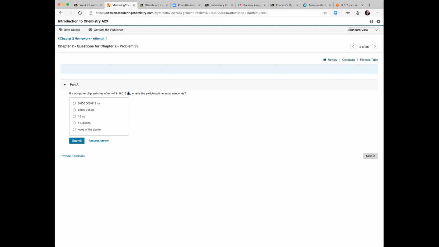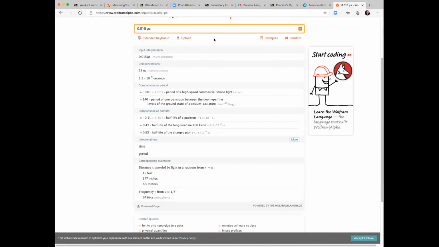There's no conversion factor unless you trust King Henry to go straight from microseconds to nanoseconds. I think there's a 3-fold difference, so maybe King Henry could help on this one. But let me see if King Wolfram Alpha can help even better.